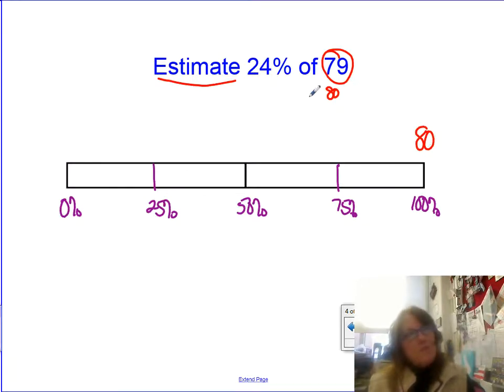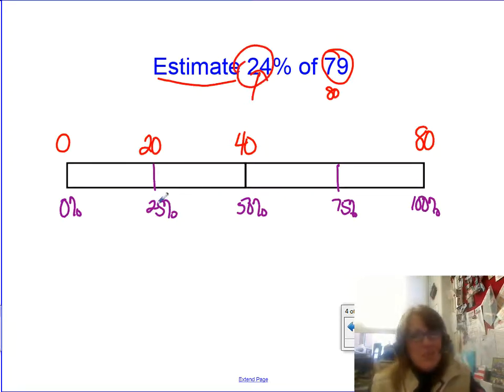So now, before I even get to this part, you should be able to tell me, hey, that'd be 0, this would be 80, so exactly halfway is 40. Boom, that's your 50% benchmark, okay? If I want about 25%, that would be about 20, and frankly, 24% is really close to 25%. So a good estimate here would be about 20, okay?